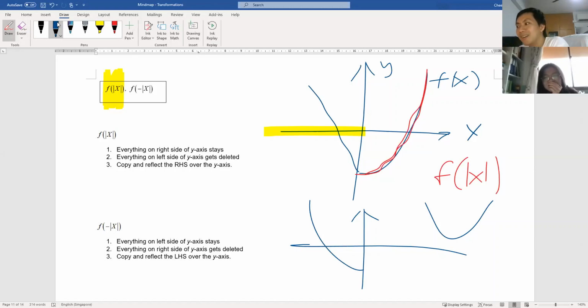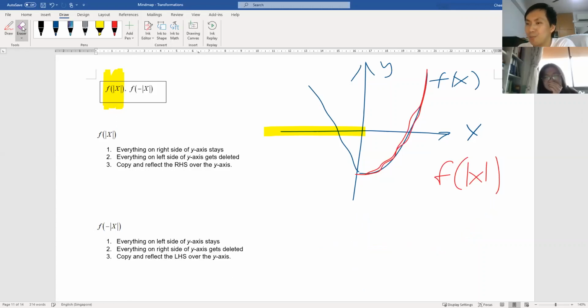I don't know. So that's what I meant by the argument that you just had. The guys on the right side do not get affected at all, right? If they're not affected, then under this expression, are the positive x values still well defined and can be calculated? That means x equal to 2, 3, 4, or 5 can still proceed as per normal, which means they are still intact, hence they are still on the right side.